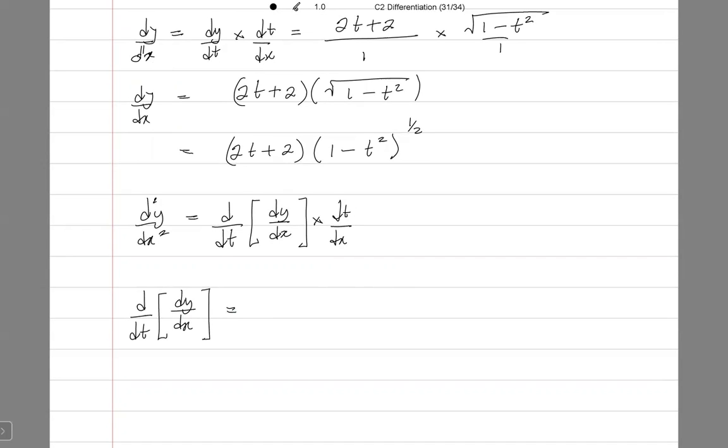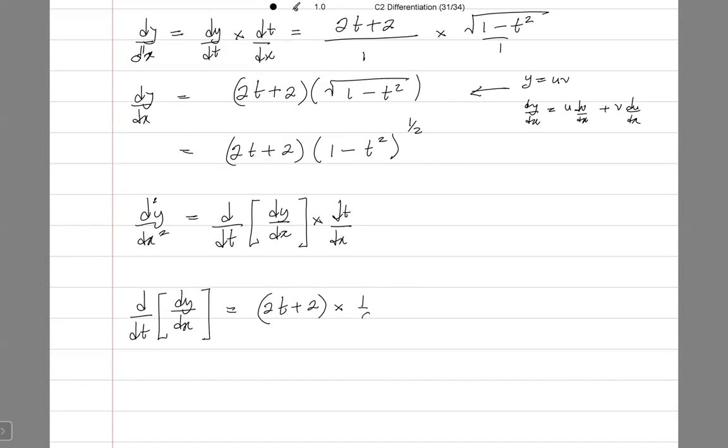All right, so this is a product, so we're going to have to use the product rule, which says that if y is equal to uv, dy by dx would be equal to u dv by dx plus v du by dx. So we're going to leave the first, which is 2t plus 2, times, and we're going to differentiate the second.